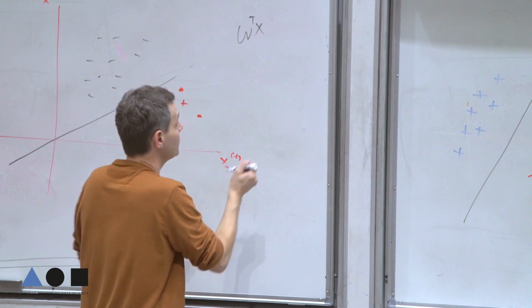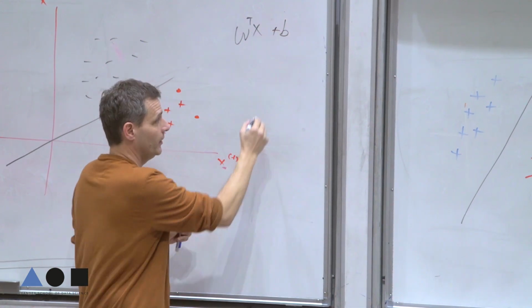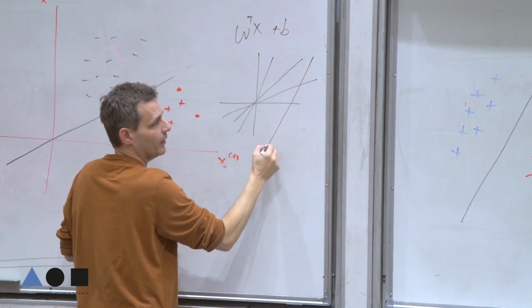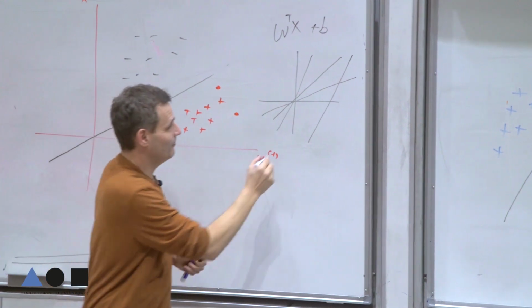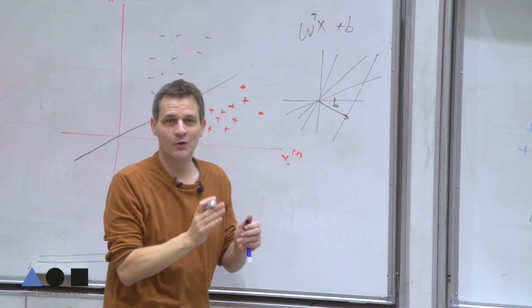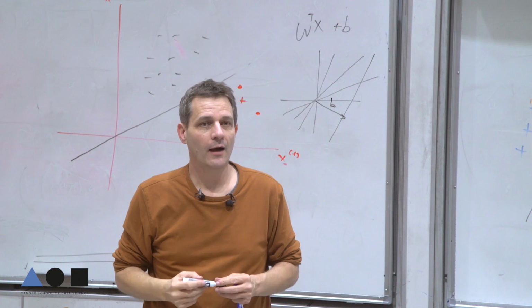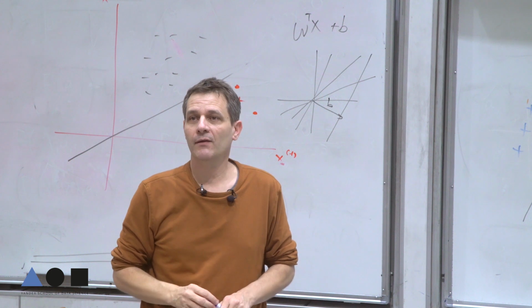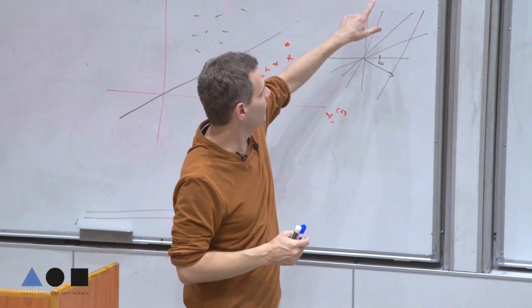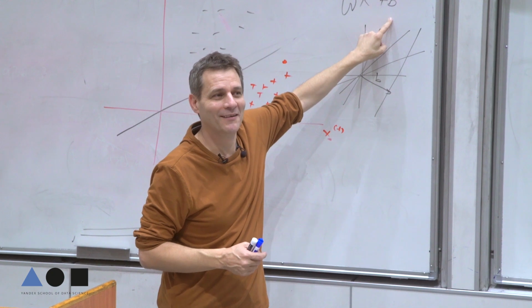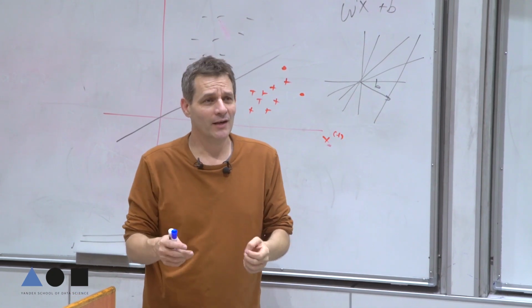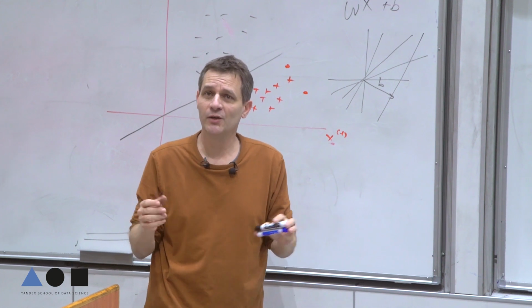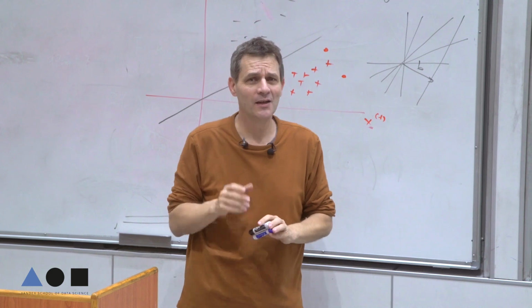In general, you also want to add some bias, so you shift. Writing this plus b is just annoying and makes notation cumbersome. So usually you think of x as being in a higher dimension: you just add a 1 at the end of your x. You talked about this, right?